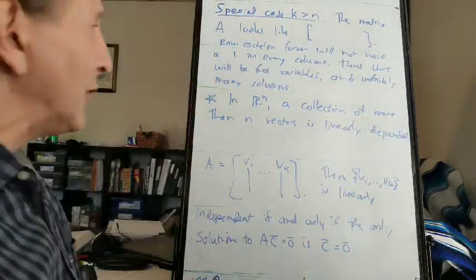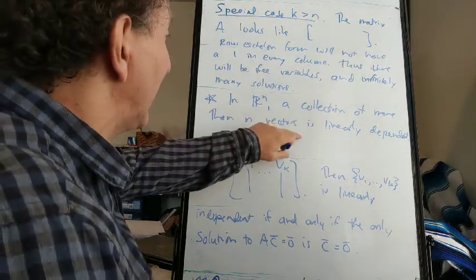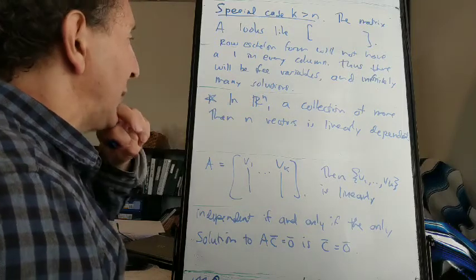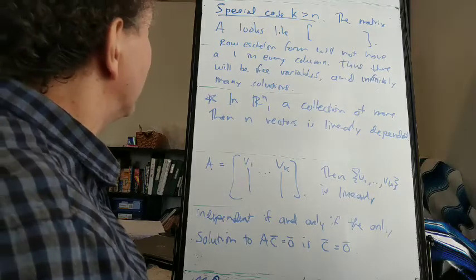So you don't even really need to do any calculations. If you see that there's more vectors than the dimension of the space we're in, then it has to be a linearly dependent set.